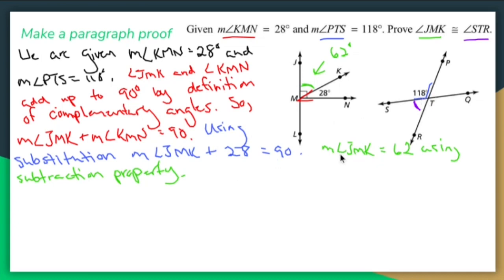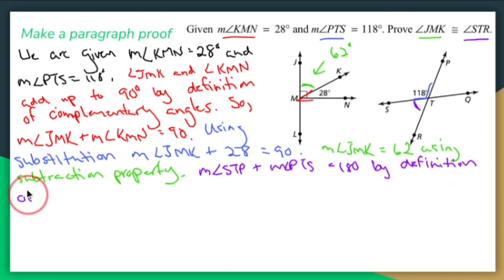Now, I found out what the measure of angle JMK is. Now, I'm going to avoid writing so much here and just jump right to saying that the measure of angle STP, Stone Temple Pilots, plus the measure of angle PTS equals 180 by definition of supplementary angles.